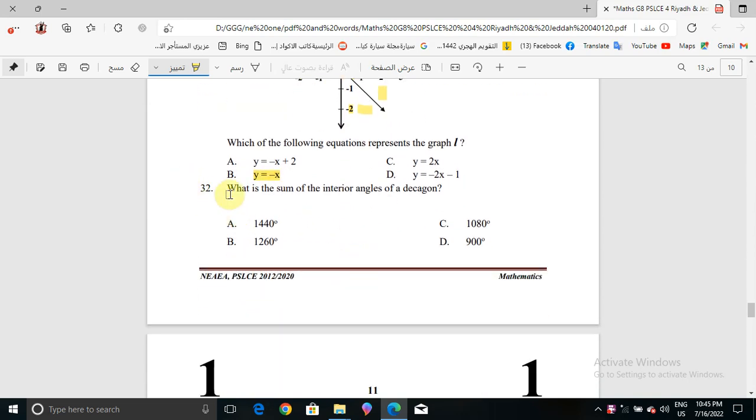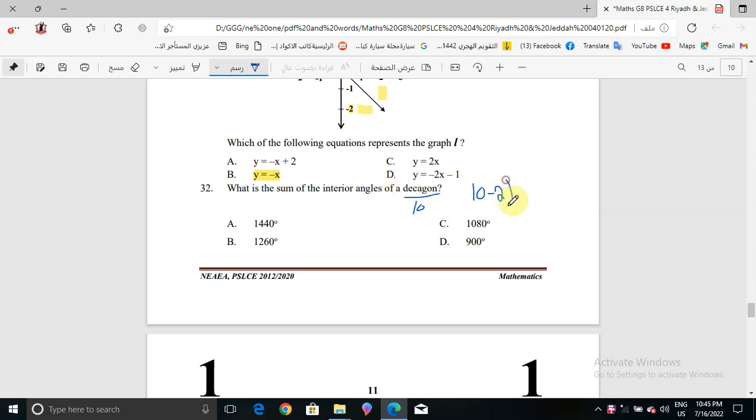Now question number 32, what is the sum of the interior angles of a decagon? Decagon means a 10-sided polygon. The formula of the sum of the interior angles is n minus 2 times 180.